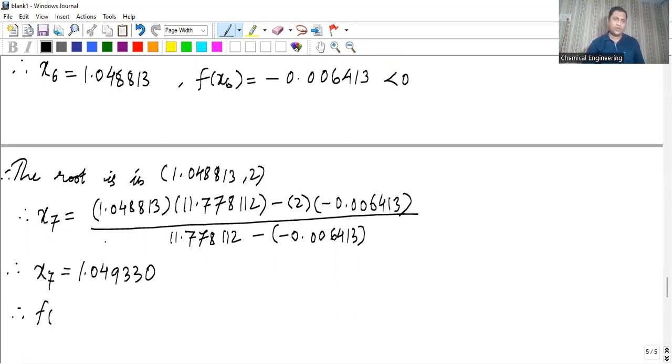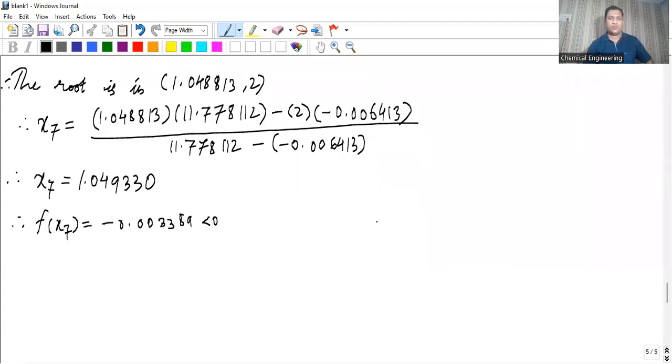So all of you are getting this value 1.049330? Yes, sir. Okay. So the value of f of x7 is equal to minus 0.003389, which is less than 0, and it is closer to 0 than the previous value.